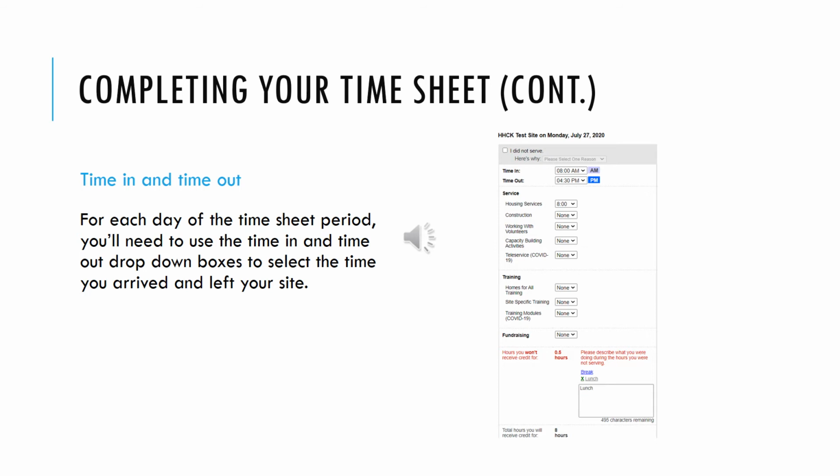So on this day, this person is receiving credit for 8 hours of housing services. You do not receive credit for your lunch breaks. So this person isn't receiving credit for a half an hour because they took a lunch. And so you just click that and it documents it for that day.